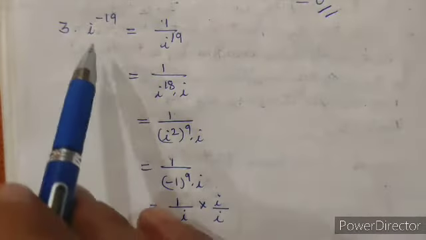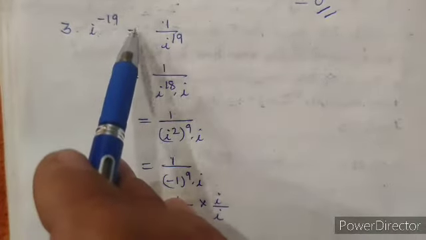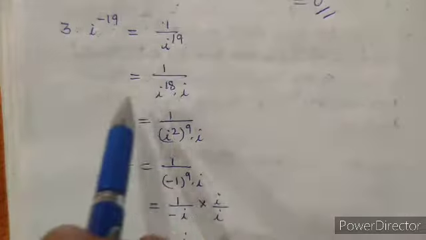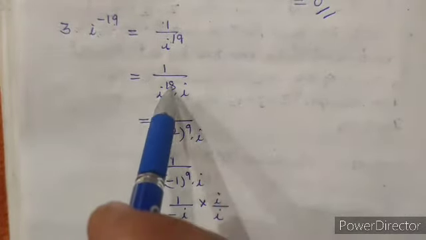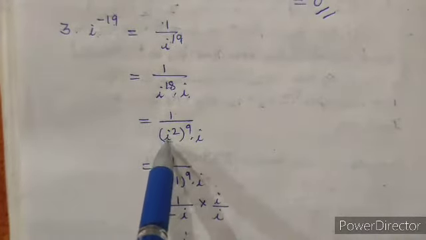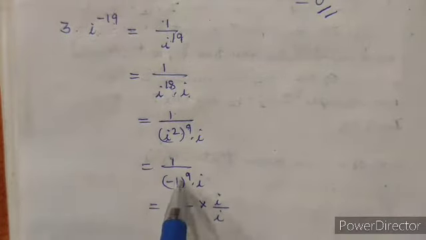Now, in question number 3, i raised to power minus 19 can be written as 1 upon i raised to power 19. Now, i raised to power 19 will be equal to i raised to power 18 into i. And i raised to power 18 can be written as i square raised to power 9. As we know, i square is equal to minus 1. So, that will be minus 1 raised to power 9.